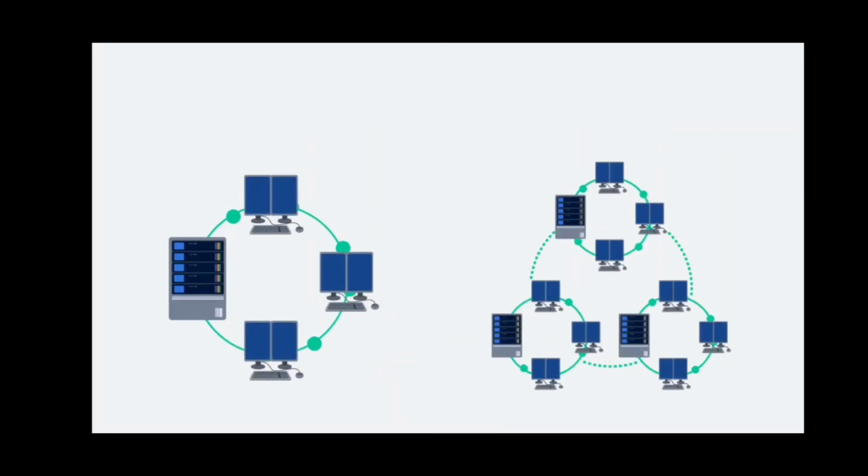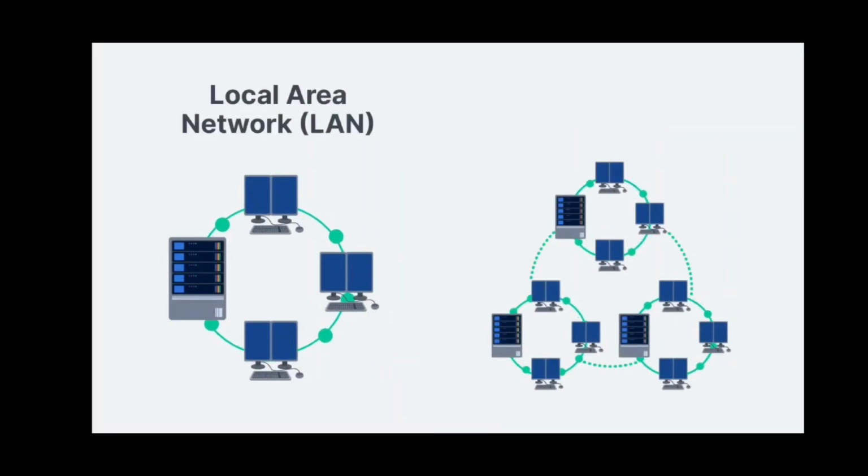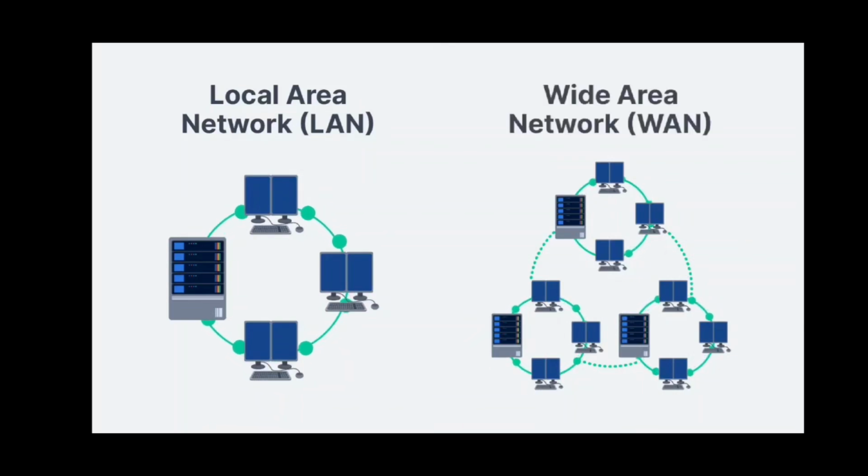If you're working at a very small office, the type of network you're using is called a local area network, or LAN. If you're working in a larger facility with multiple LANs connected, or if you're communicating with the facility across the country, you're using a wide area network, or WAN. It's important to understand the difference between the two and which type your facility uses, because they have different levels of security.